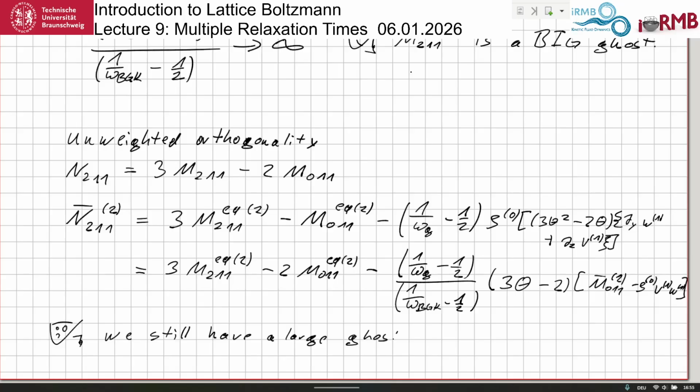So I told you that this person never agreed with me that this will kill this model, because he simply said, well, okay, if you have this problem, all you have to do is put omega g to BGK. And then it works. But that was not the point. We did this so that we don't need to do this.